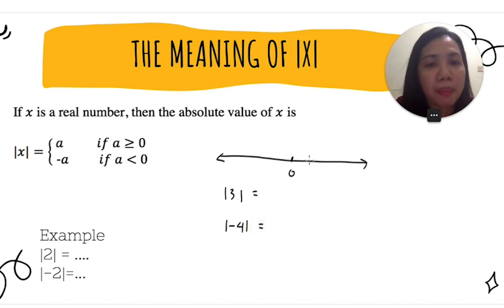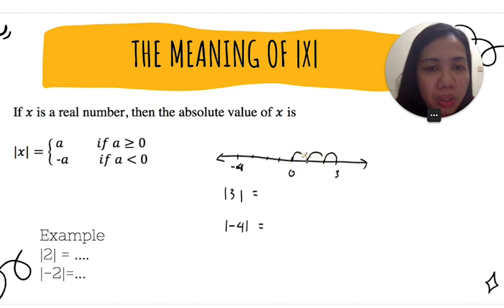Okay, for example, let's say that this is 1, 2, 3, this is 3. And let's say that this is -1, -2, -3, and -4. So -4 is here. Let's find the distance of 3 to 0. How to find that? By counting the units in between 3 and 0. 1, 2, 3.